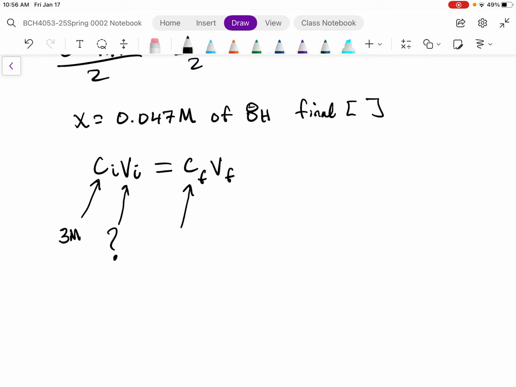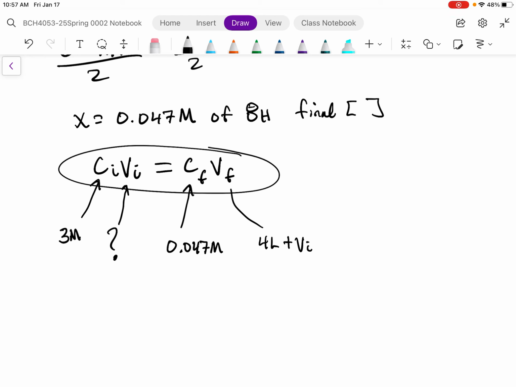We just calculated from the X what our final concentration of that sodium hydroxide solution needs to be. And then what is our final volume? Well, we started with 4 liters plus the initial volume of the sodium hydroxide. And so we know everything. When we look at this equation, we know 3 of the 4. So when we plug all those numbers in, we have 3 molar, and there's our variable that we're trying to solve for.